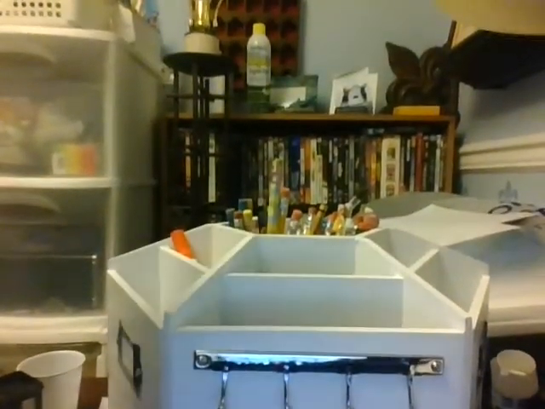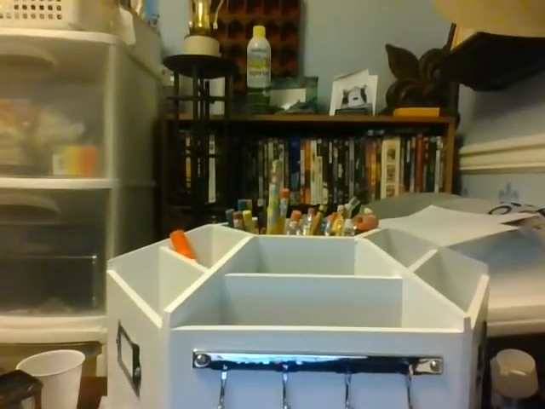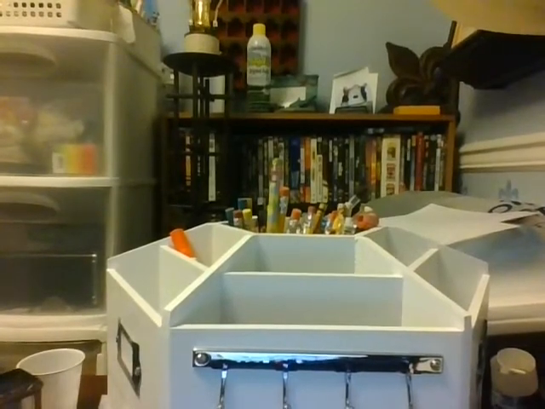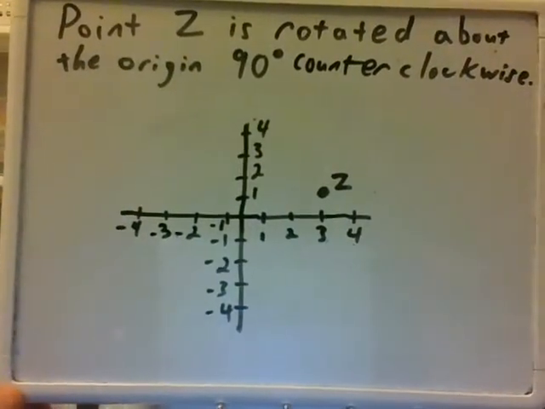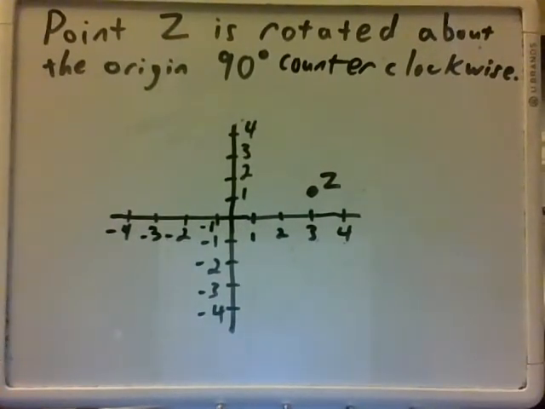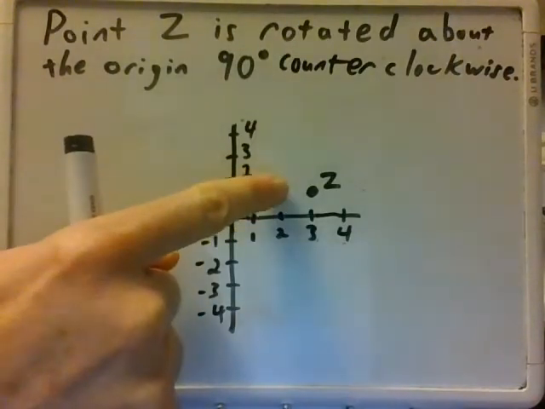So let's do one here. I've got one little thing to write down. There we go. Let's say that point Z is rotated about the origin, 90 degrees counterclockwise. So point Z is going to go from here which way?